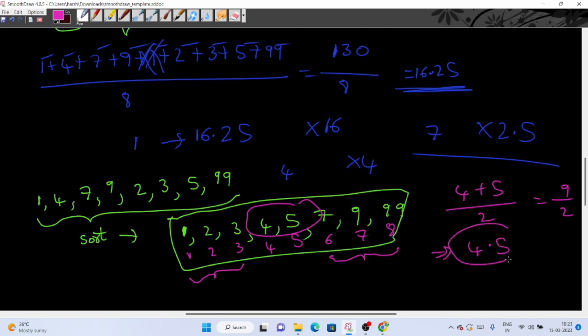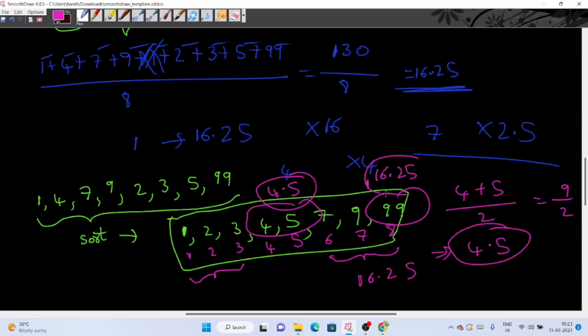Now see here, with median we got 4.5, which can be fitted here, and it is at almost equal distance from each and every number except one number, that is the outlier 99. Whereas with the mean, we got 16.25, which is in no way close to each of the first 7 numbers compared to 4.5.